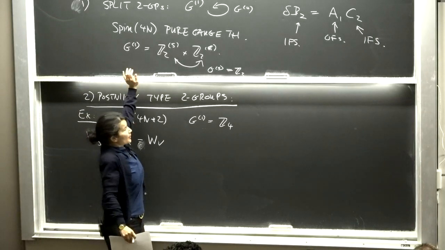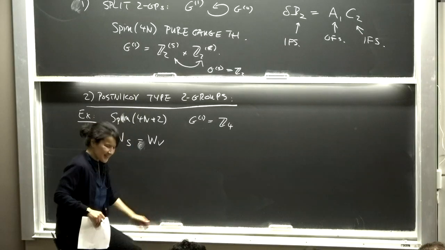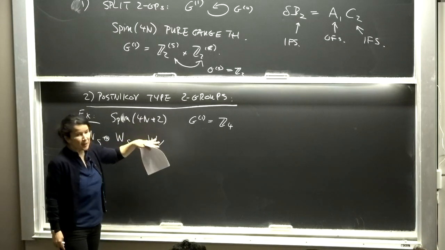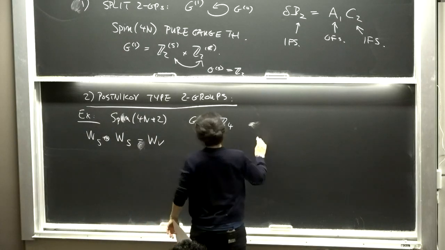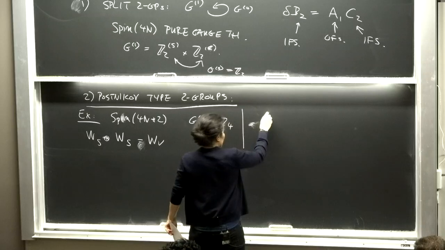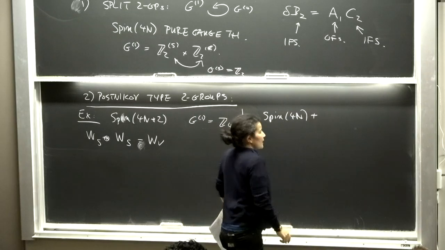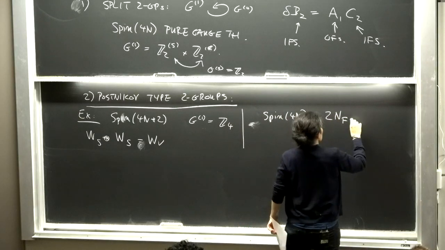So what I want to do is add to this theory now fundamental matter. So I'm not looking at the pure theory, but now I'm adding spin 4n plus 2 with fermions, and I can add 2NF fermions in the fundamental.